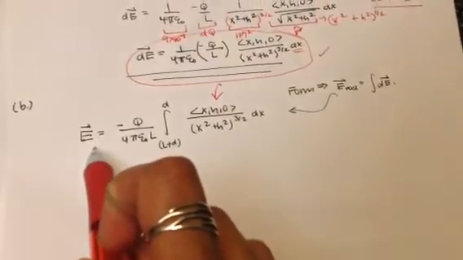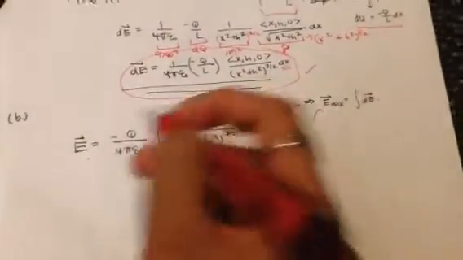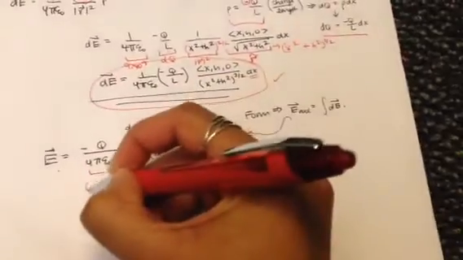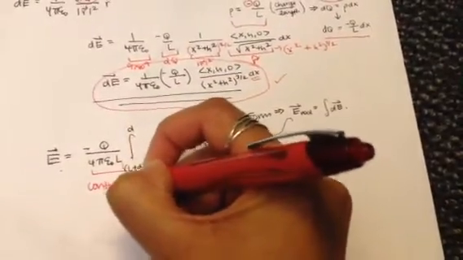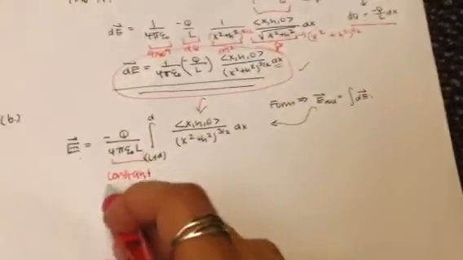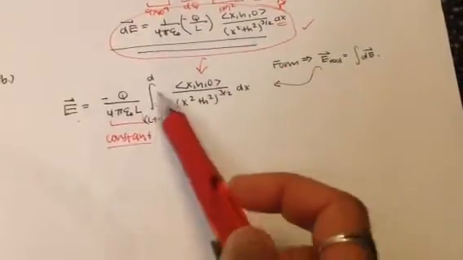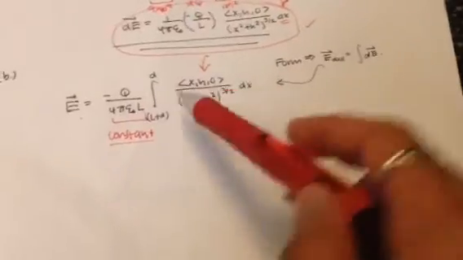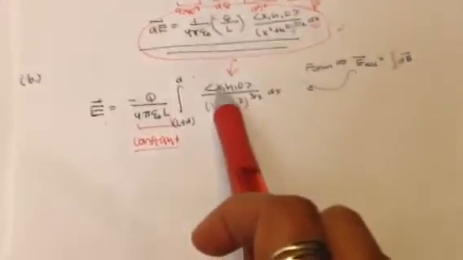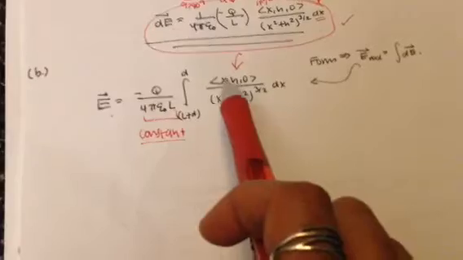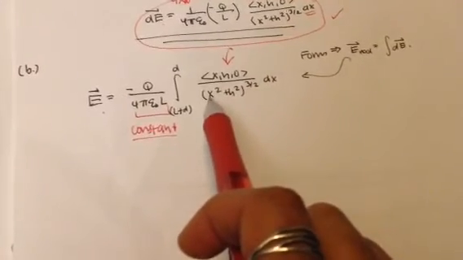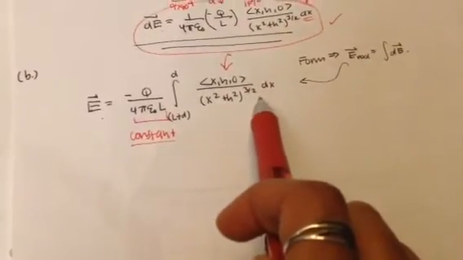So you take the integral of dE, and as I had mentioned earlier, these are all constants. So you can't really integrate a constant, you just take them out of the integral. And what stays in the integral is the coordinates that we had established earlier, and the x squared plus h squared to the 3/2.